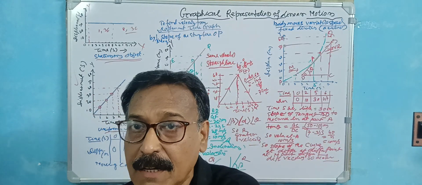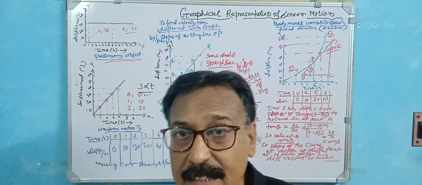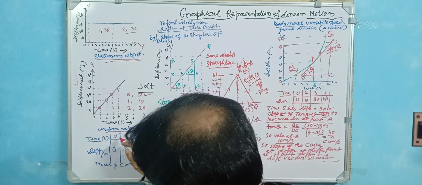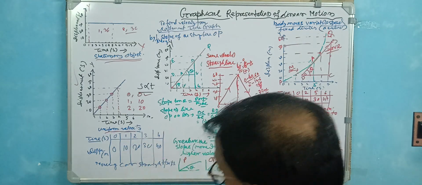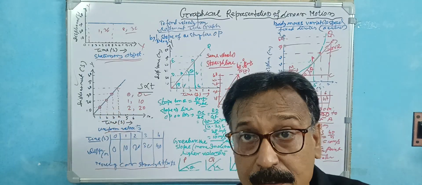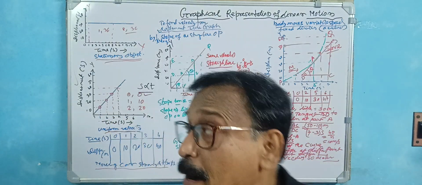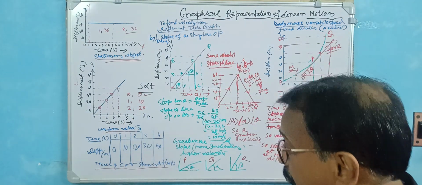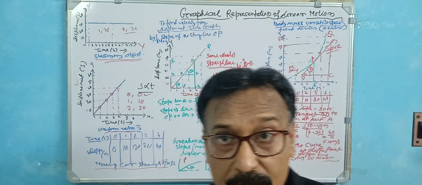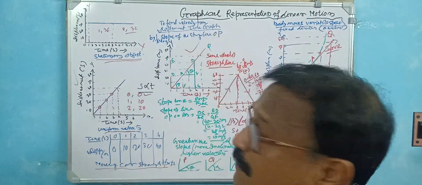That means every second, 10 meters increase. So that means 0, 0; 1, 1; 2, 2; 3, 3. This is a car moving in a straight line, but with a fixed velocity. But in which way do you calculate the velocity from this graph?